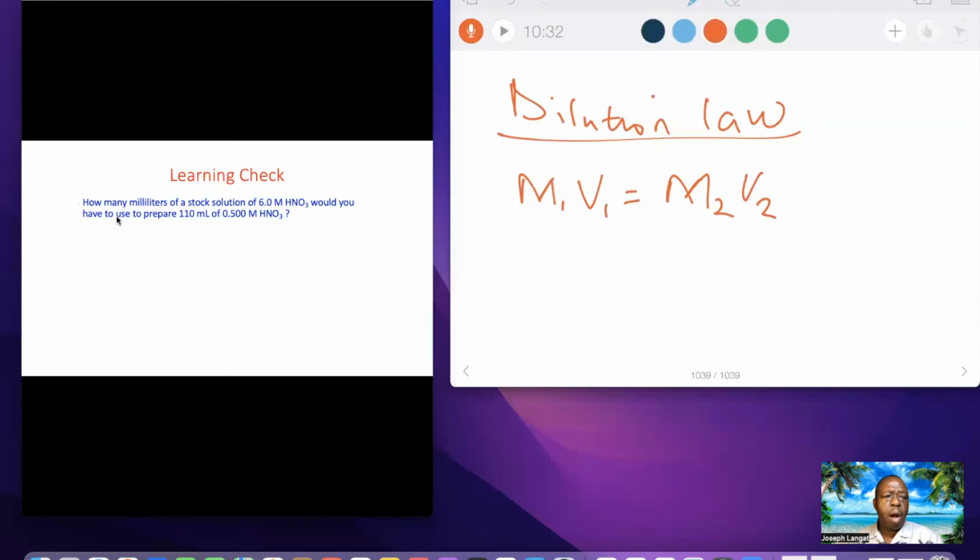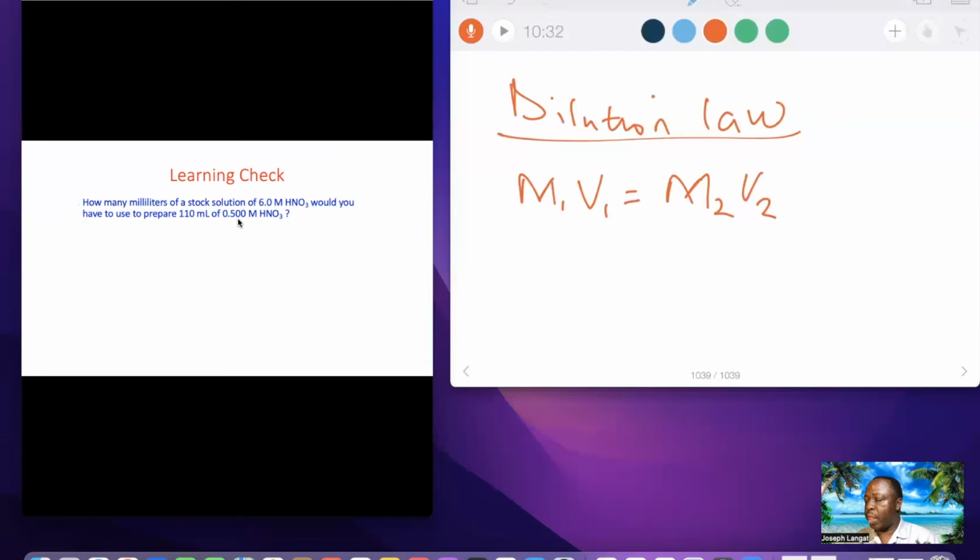An example here: how many milliliters of a stock solution of 6 molar nitric acid will you need to prepare 110 ml of 0.5 molar? So if I look at the initial concentration, this is more concentrated. This is less concentrated. So this is M1, this is V1.